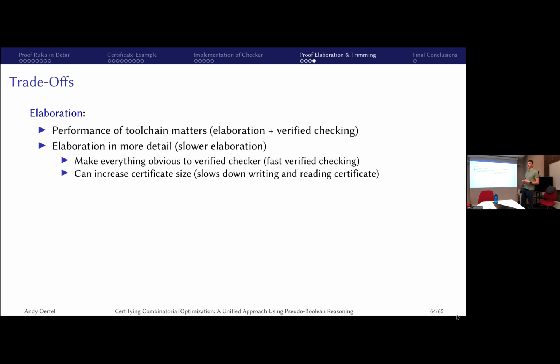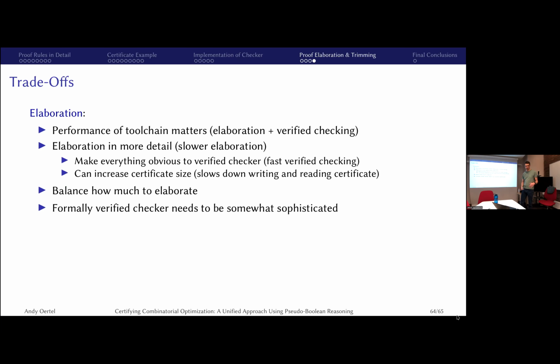More detail could make your verified checking faster, but it will increase the certificate size, which will slow down writing and reading the proof. So you have to balance how much to elaborate. And still the formally verified checker needs to be somewhat sophisticated, to not need every detail.